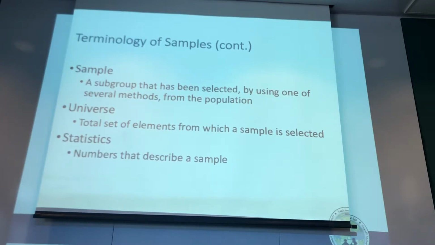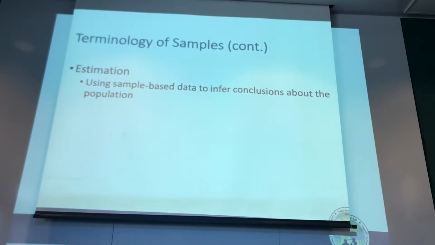We have the sample, the subgroup, and the universe, the total set of elements from which the sample is selected, and the statistic, the number that describes that sample. Now we have point estimation, which is the big 5. Did you forget them? Can anyone say them in order? Zahra.